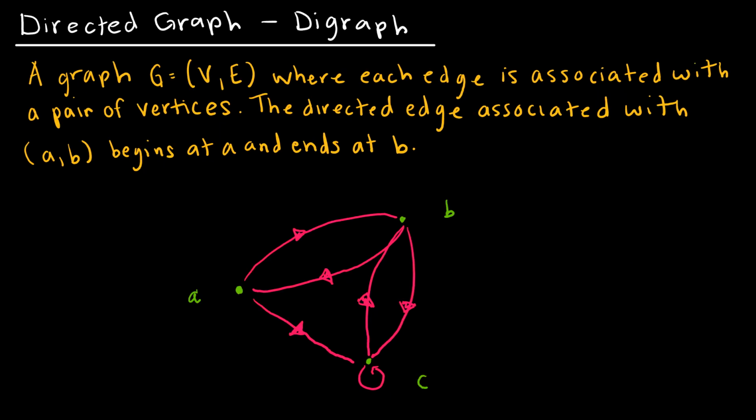We've already spoken a little bit about digraphs or directed graphs, and this is just a graph where each edge is associated with an ordered pair of vertices.